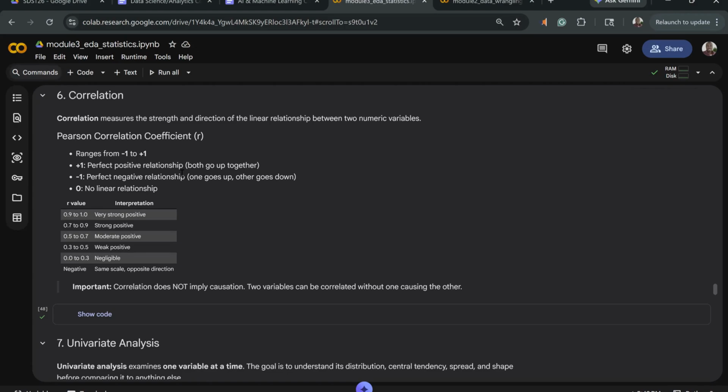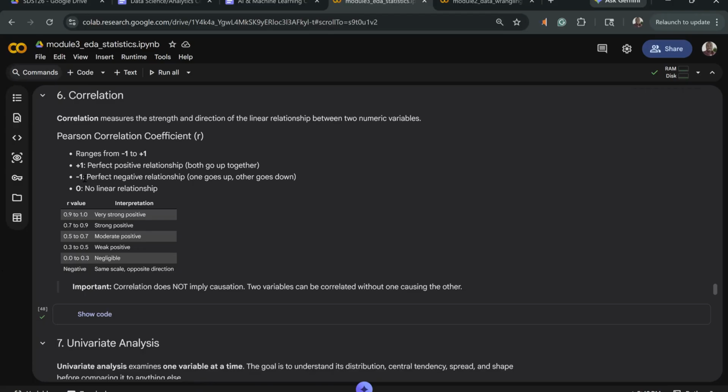I don't want to use the word causes, because like we say, correlation does not imply causation. Two variables can be correlated without one causing the other. It's just a relationship that they have. Whenever one goes up, the other one is likely to also go up under normal circumstances.